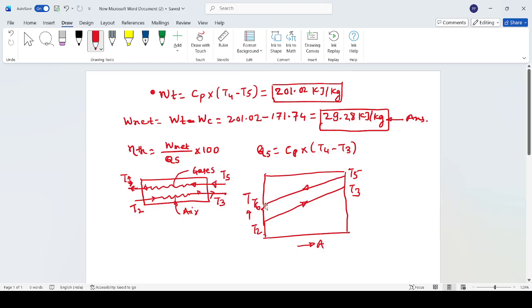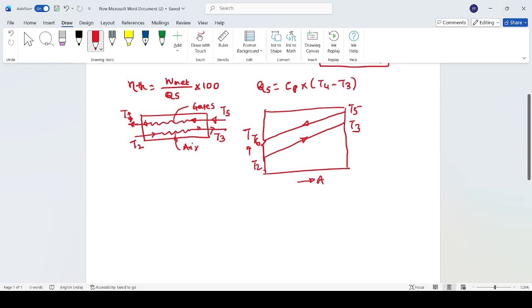It was mentioned that the effectiveness of the heat exchanger is 78%. So epsilon is the effectiveness of the heat exchanger. From this temperature and area diagram that I have drawn, I can write down the actual temperature rise for the air, that is T3 minus T2, divided by the maximum possible temperature rise for the air.